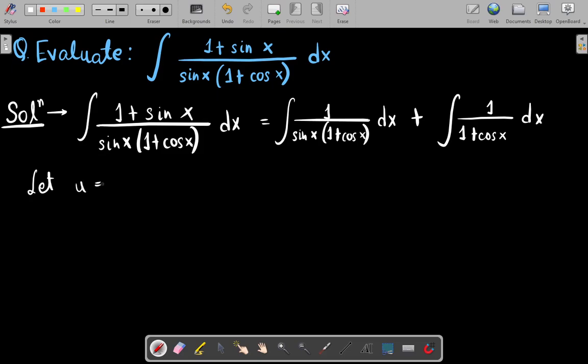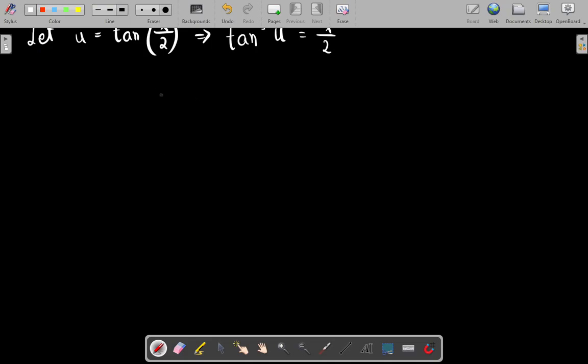Let u equal tan of x by 2. If I use this substitution, then tan inverse of u will be equal to x by 2. Now if I take the derivative with respect to u on both sides, this becomes 1 upon (1 plus u square) times half times dx upon du.